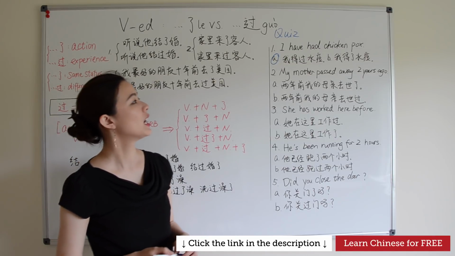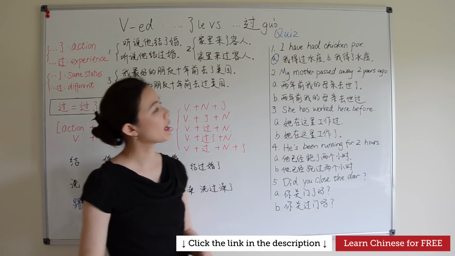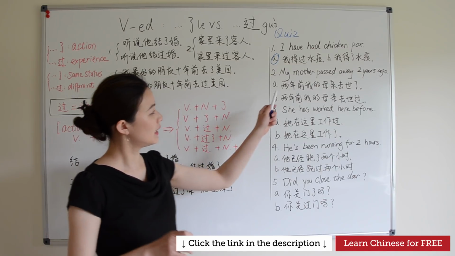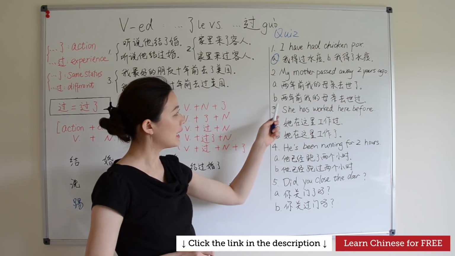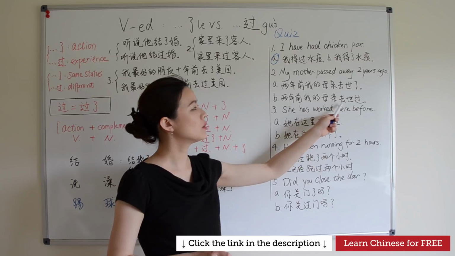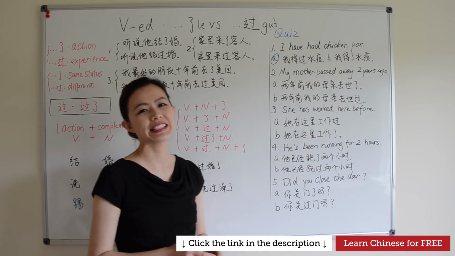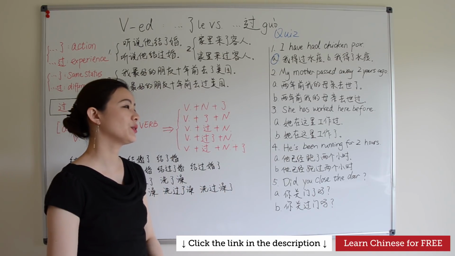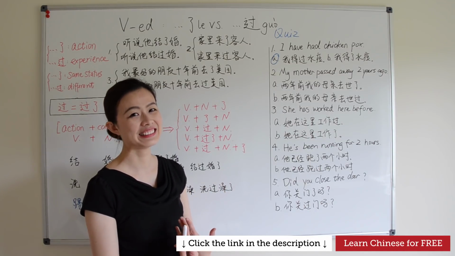The second one, my mother passed away 2 years ago. My mother passed away 2 years ago. Would you say 2年前我的母亲去世了 or 2年前我的母亲去世过? So passed away is an action that happened in the past, and you cannot pass away and be back to life again, right?